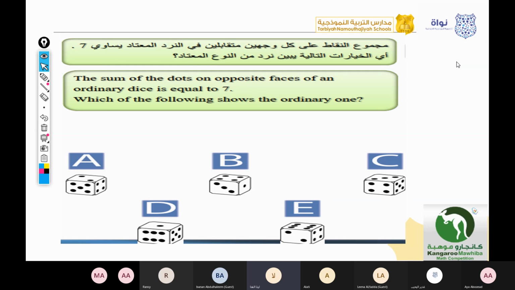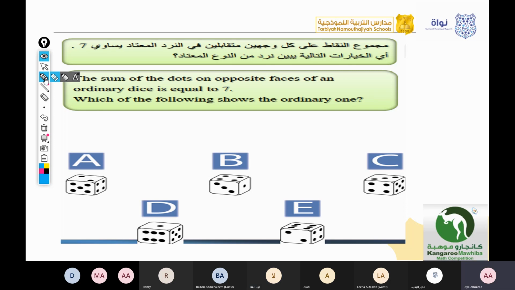The sum of the dots on opposite faces of an ordinary dice is equal to 7. Which of the following shows the ordinary one?